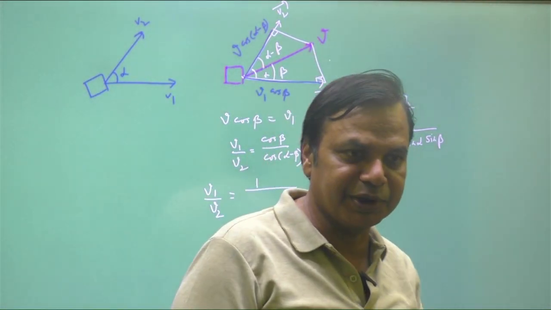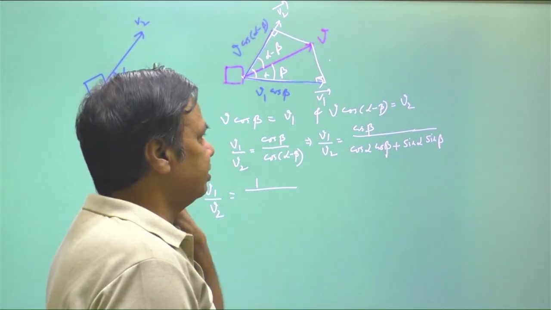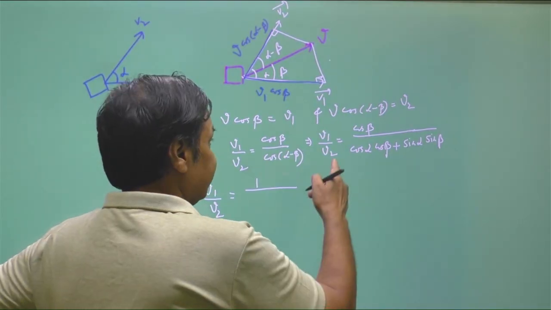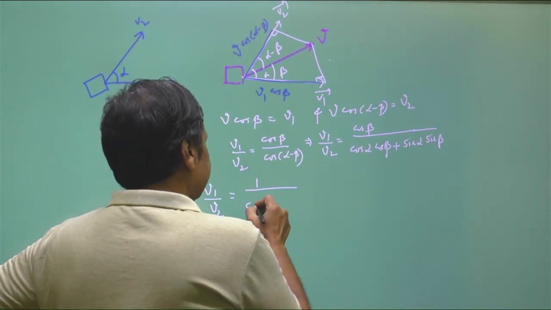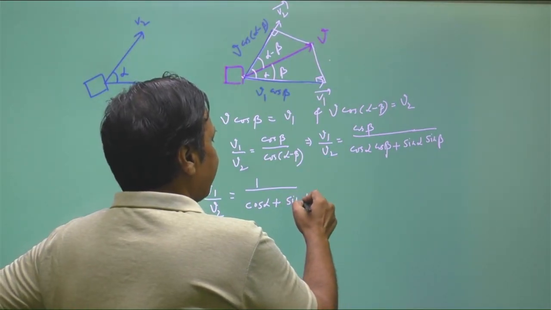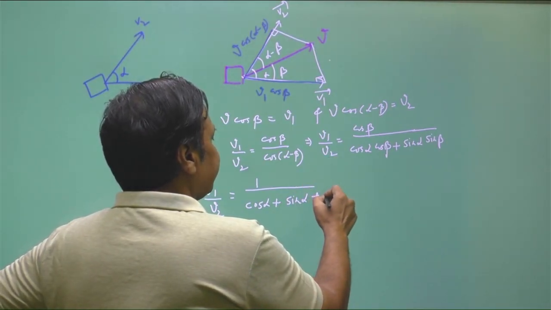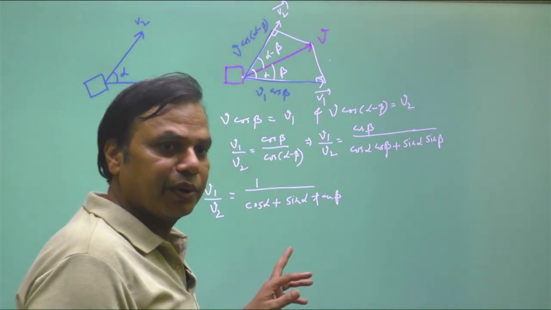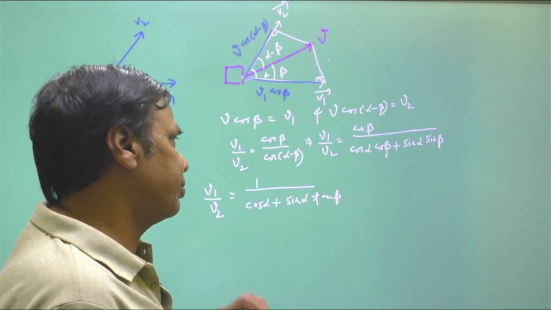So that the numerator is only 1, and the denominator is cos alpha plus sin alpha tan beta. You have to get tan beta from here, because everything else is known.